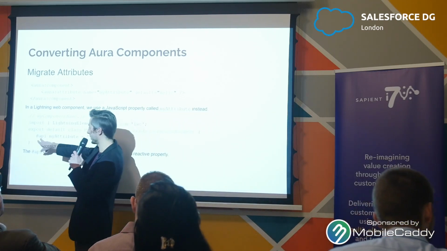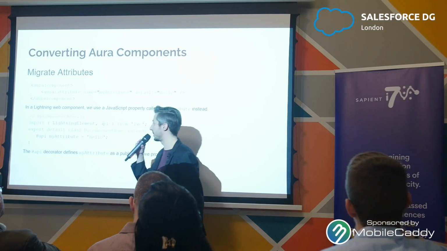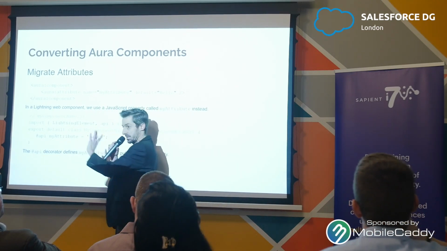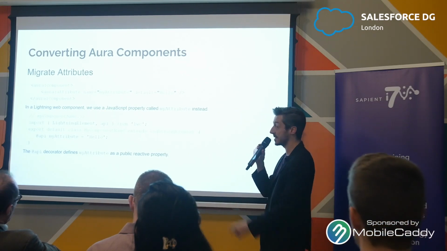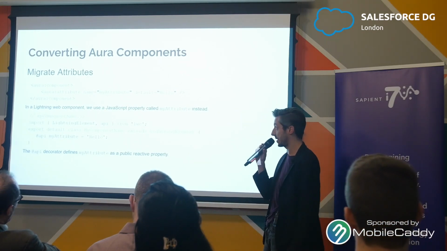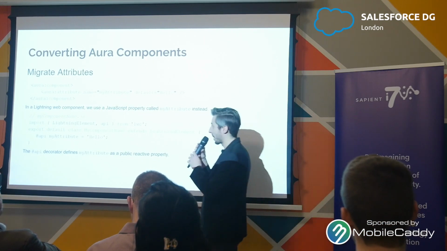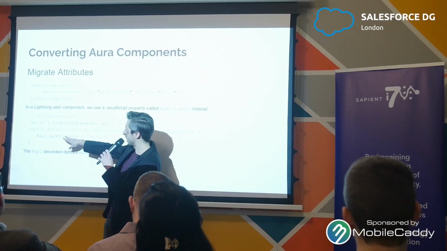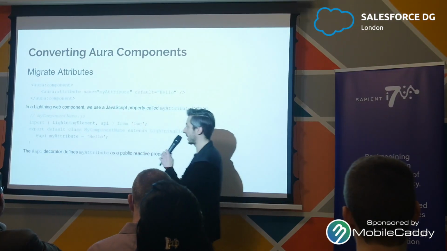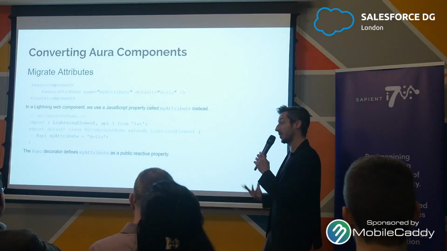So we just use decorators to declare this JavaScript attribute. And you can also see that it's untyped, as modern JavaScript often is. Now, this is the default value, and that means if it's not filled in by the parent, then it will have a default value.